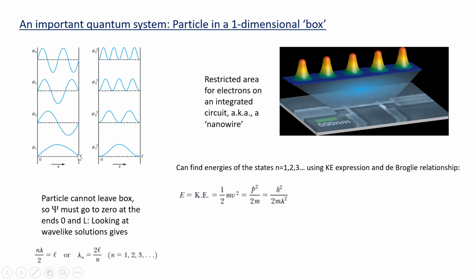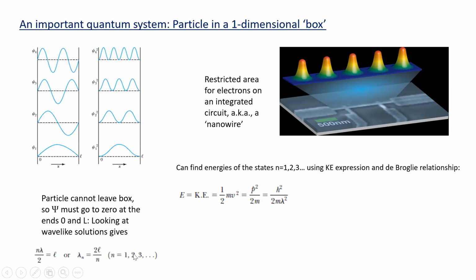We're not dealing with any forces or potential energies. Remember that that's 1/2 mv squared. That can be written as p squared over 2m, as you can verify if you plug in mv for p. It reduces to 1/2 mv squared. But then using the de Broglie relationship, p is equal to h over lambda. So this becomes 1 over 2m times h squared over lambda squared. So that's the first step.